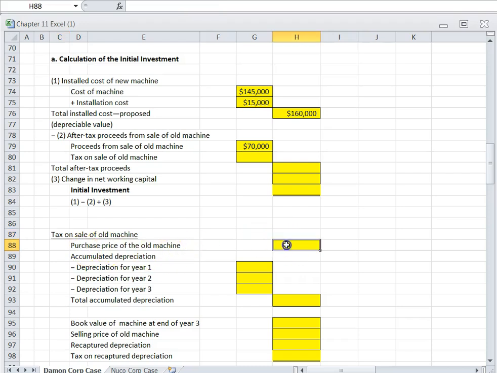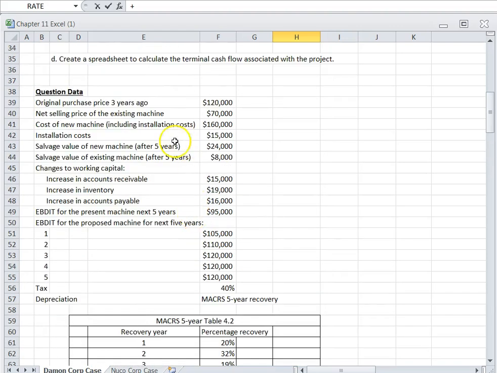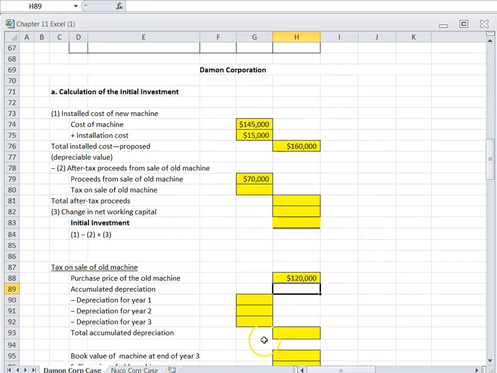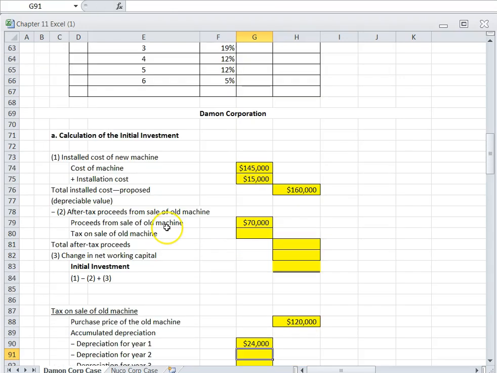First I'm going to put in the purchase price of the old machine, which is up here, original purchase price 3 years ago. And then I'm going to have to do the depreciation for the old machine. We were able to depreciate it for 3 years. So I'm going to take this cell and multiply it by the percentage of depreciation for year 1.